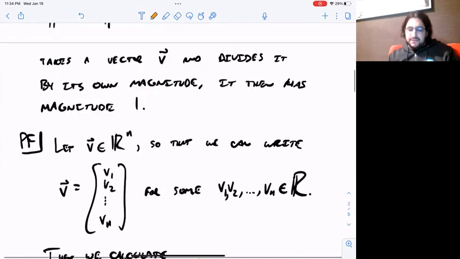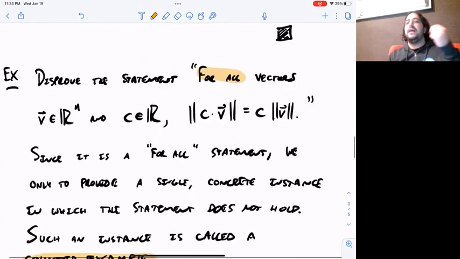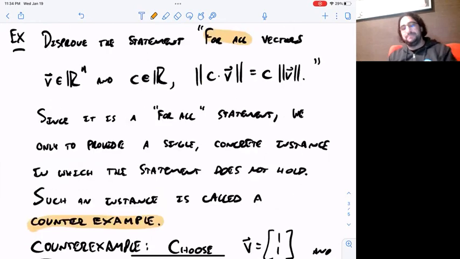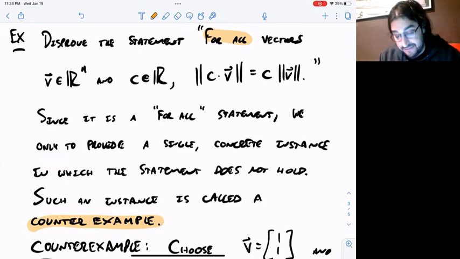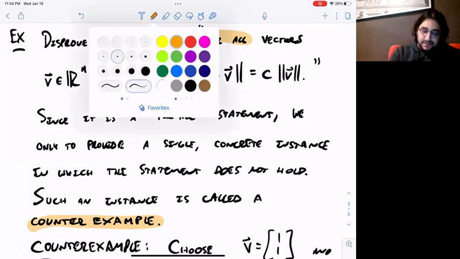Also down here, even in a false one, sometimes a diagram can help you come up with your counterexample. Like here, you could think about the fact that if C is anything negative, then it's just pointing the wrong way. You're giving now a negative magnitude to a vector. So if you think about something like C equals -1 and draw a diagram, it can be helpful.